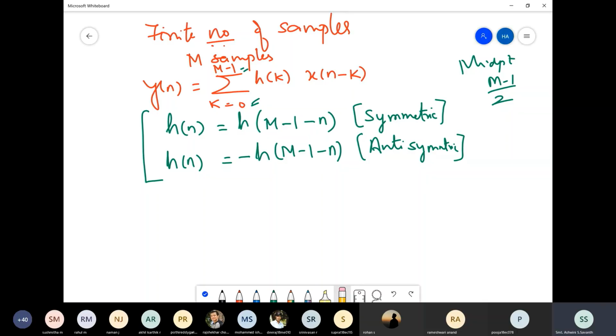Now what we have to do is this. We know that if the impulse response of the filter is symmetric, then we get a linear phase response. So now we have to derive the equation for the frequency response of an FIR filter.